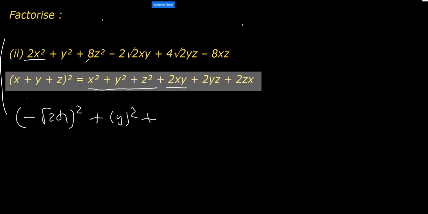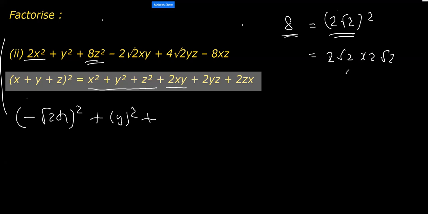The third term, as we can see, is 8z squared. 8 again is not a perfect square, so 8 can be written as 2 root 2 whole square, because 2 root 2 into 2 root 2 will give you 8. So this is 2 root 2 z whole square.